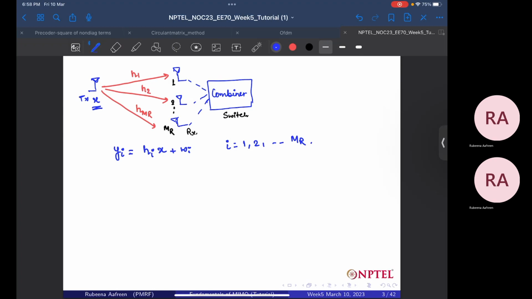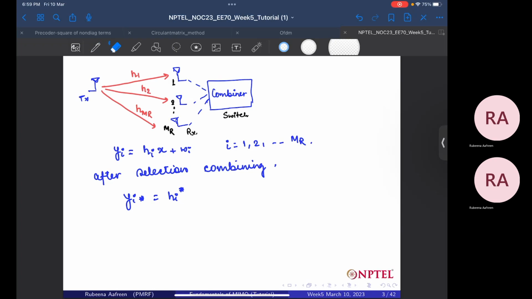So what we are saying is that after selection combining, yi star is hi star times S, I will write the symbol as S, plus wi star, where i star is argmax of |hi|^2.